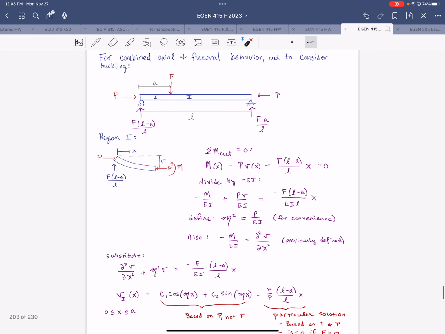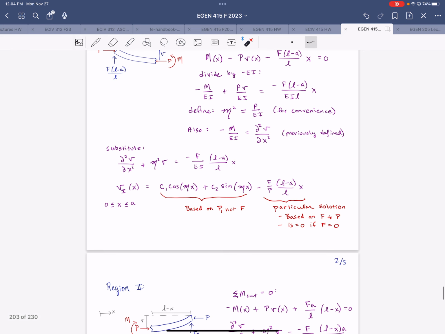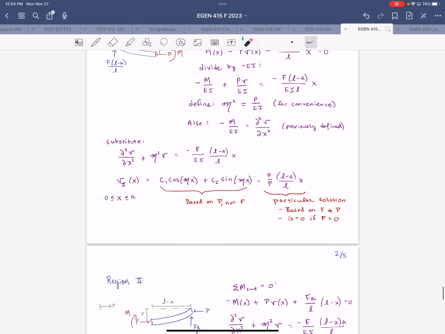So we make a cut through the beam in the deflected shape position and then apply statics to write our equilibrium equations. And then we defined this term for convenience, where little m squared is equal to P over EI. And that leads us to this differential equation for which the solution has a general component and a particular component to it.